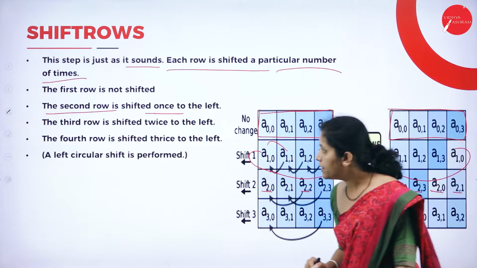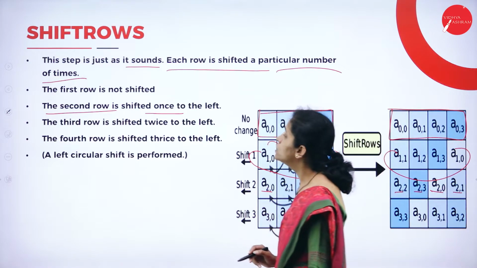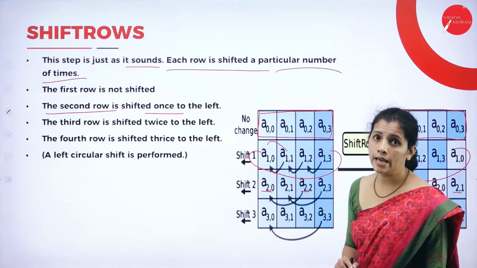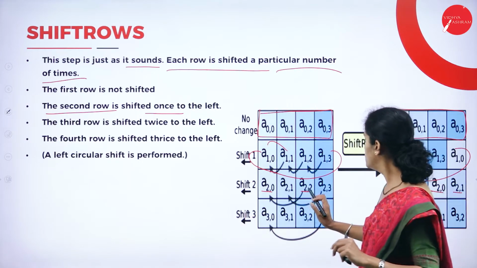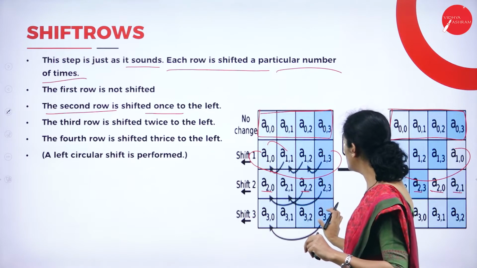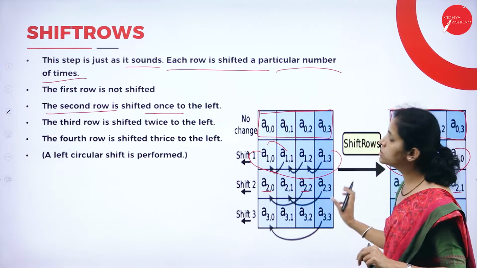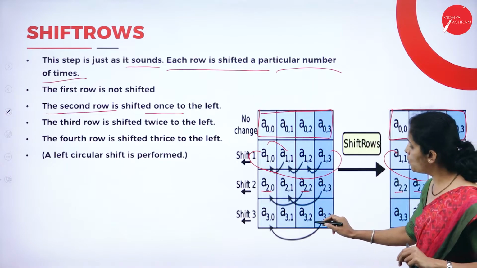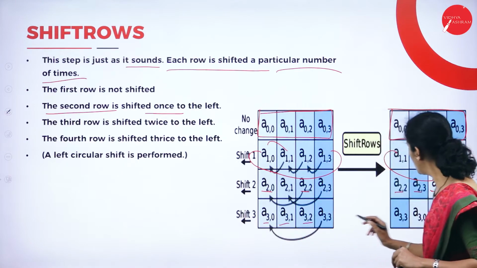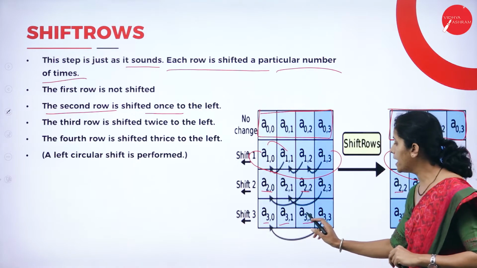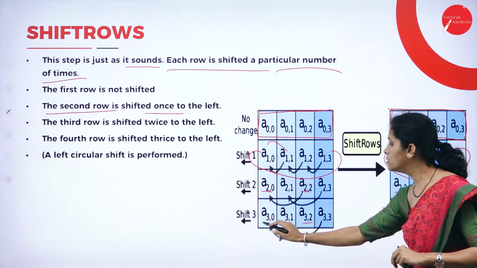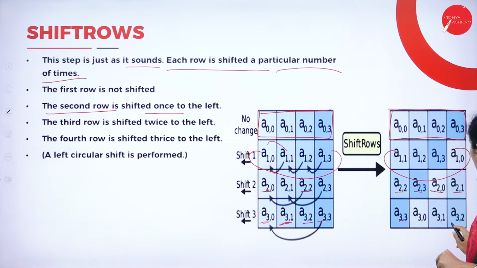And if I consider the fourth row, it's going to shift thrice to the left. So 1, 2, 3, I'm going to get A33. Now if I consider A32, 1, 2, 3, I get A32.